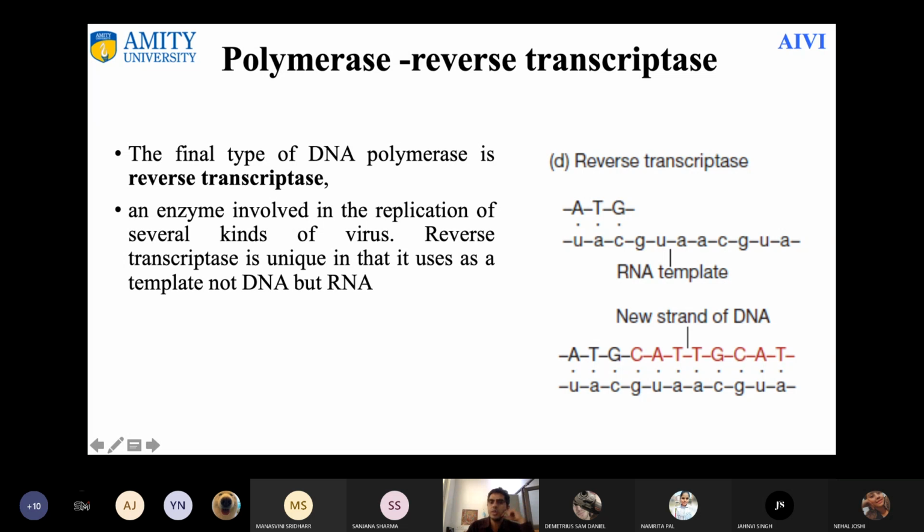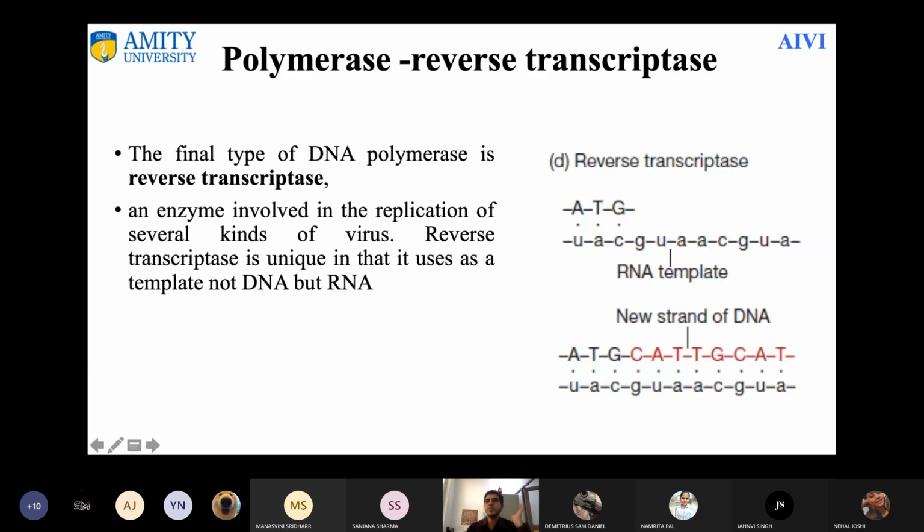As you can see, the smaller letters represent ribose nucleotides, rNTPs, but the capital ones are the dNTPs. The lower strand is the RNA, and when it is amplified, it forms a completely complementary DNA.